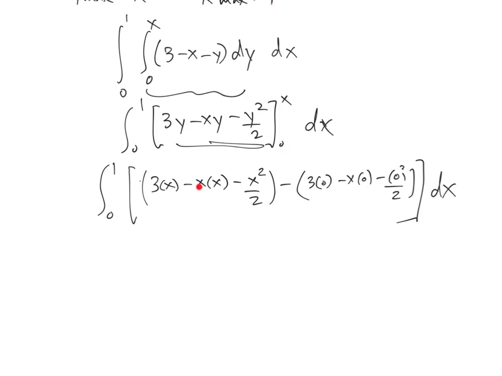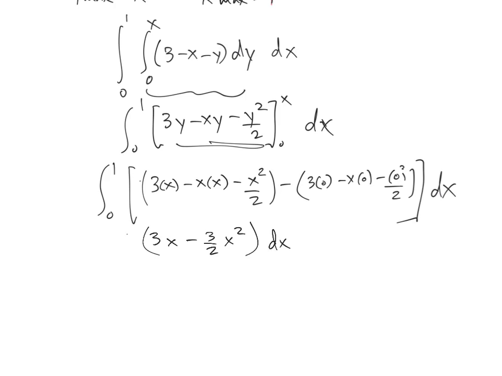That gets rid of all the y's because I'm integrating with respect to y. All the y's have got to be gone. Once I do this, I'm left with 3x minus x squared minus x squared over 2, which is minus 3 over 2 x squared. I did that right.